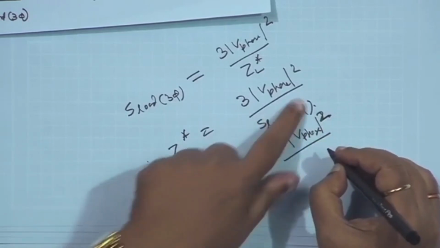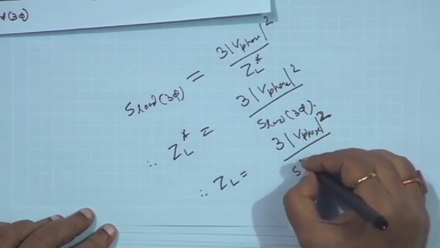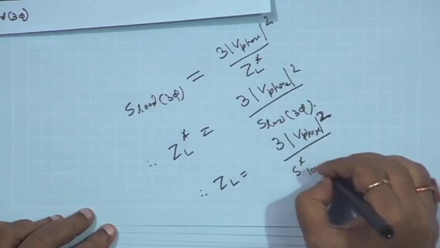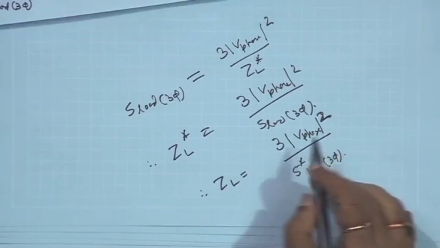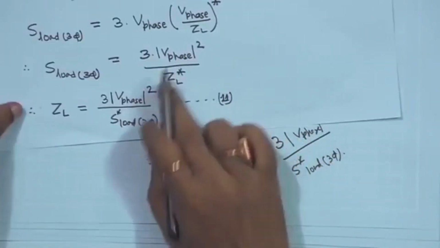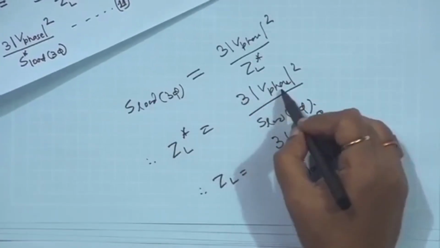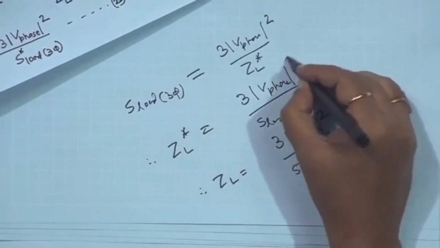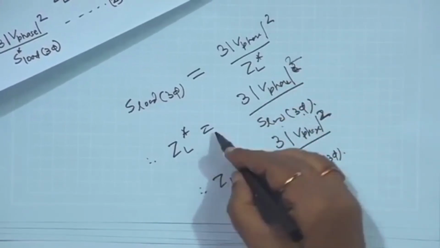If we take conjugate on both sides, it will be S conjugate load 3 phase. So we are writing ZL conjugate is 3 phase voltage square divided by S load 3 phase, that means take conjugate on both sides.